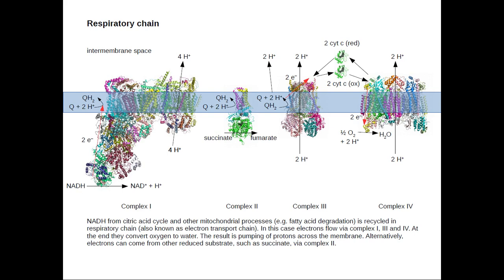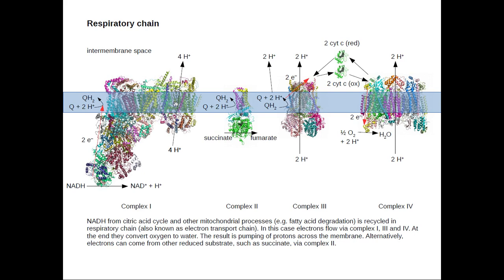And the respiration chain converts this NADH back to NAD+, and at the end, the electrons which are taken from this NADH go through this electron transport chain to the final molecule, cytochrome C oxidase, and the final acceptor of these electrons is molecular oxygen, O2, and this oxygen is reduced to water.